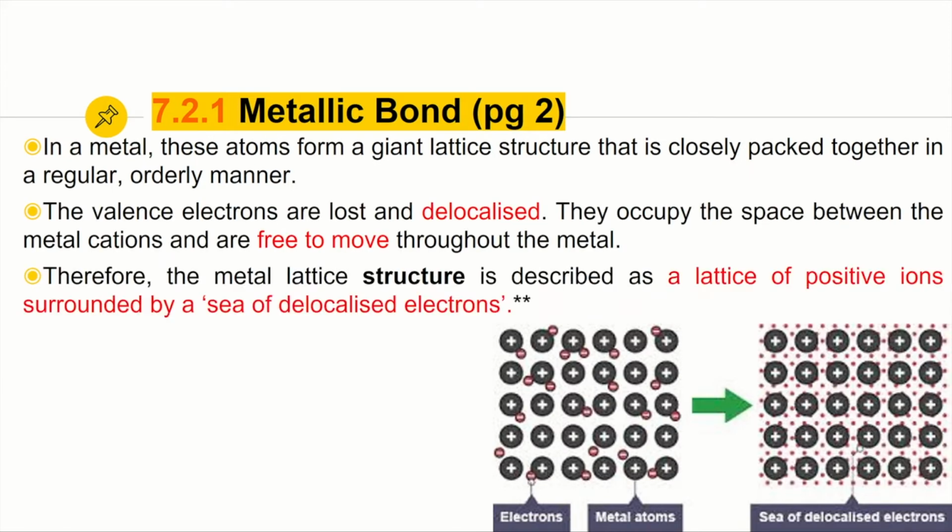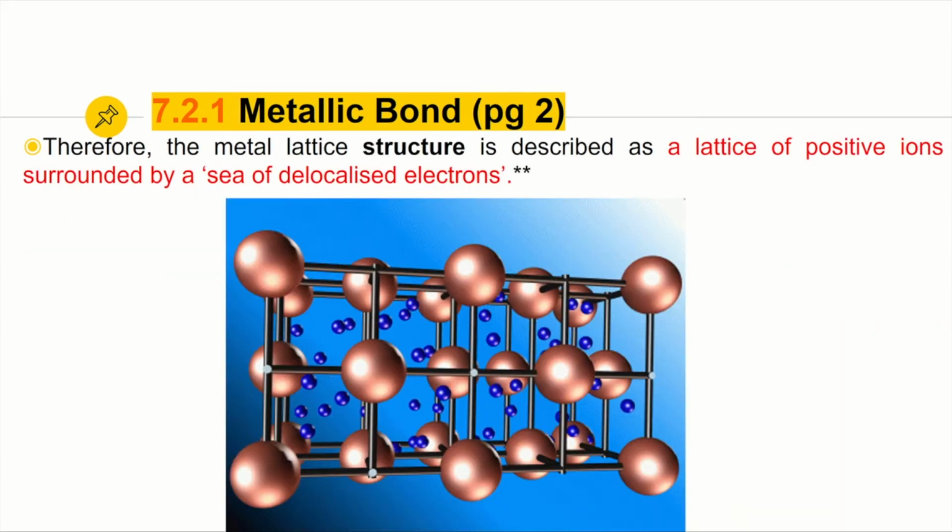We call this a lattice of positive ions. All the positive ions are stable, and they are surrounded by a sea of delocalized electrons. These electrons are moving around freely, surrounding the positive lattice ions. So this is how it looks like.